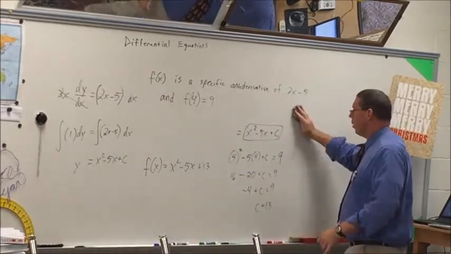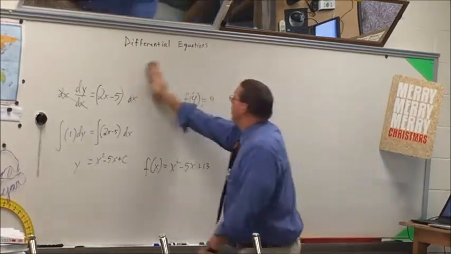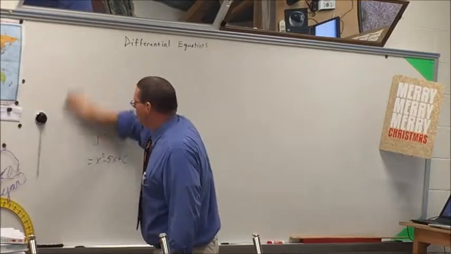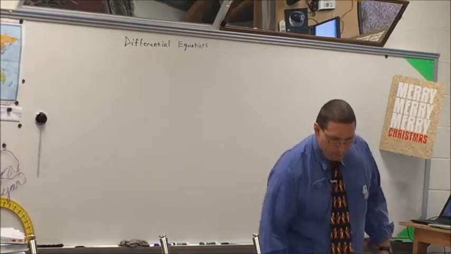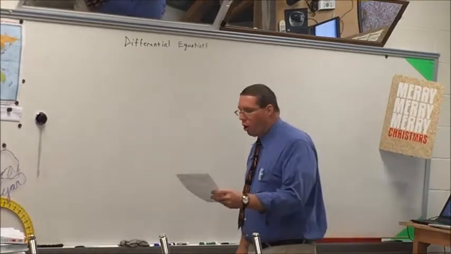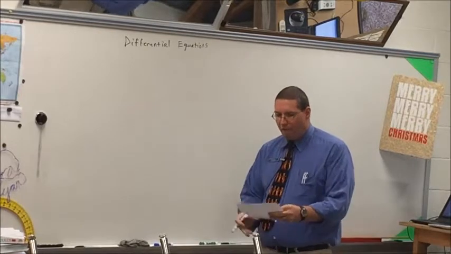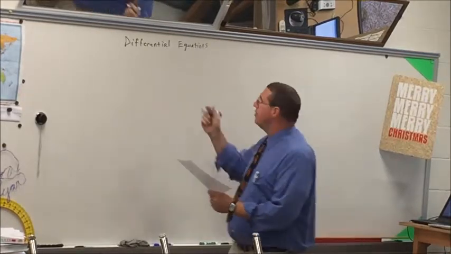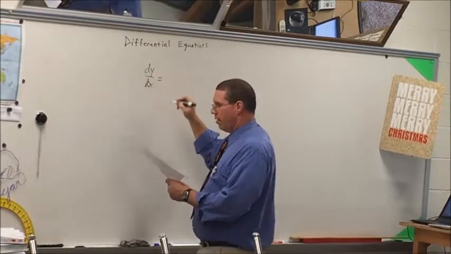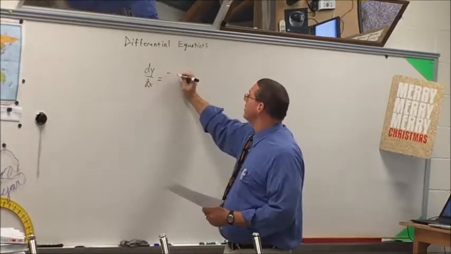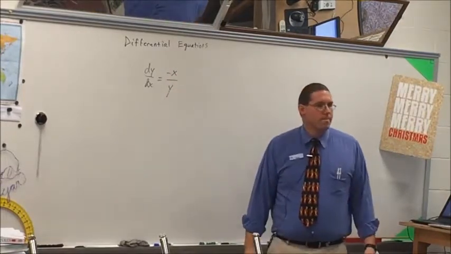So now let's look at our example on the worksheet. Our example on the worksheet says, find the particular solution, y equals f of x, to the differential equation dy dx equals negative x over y.